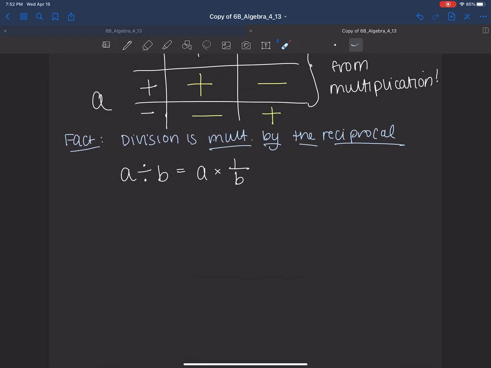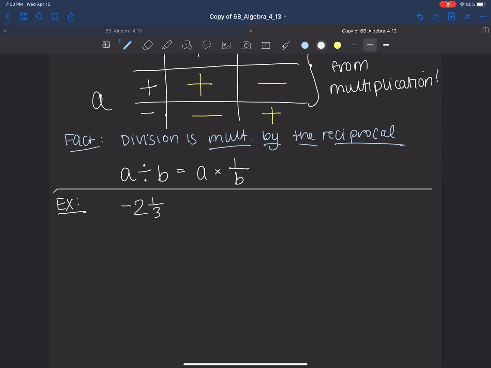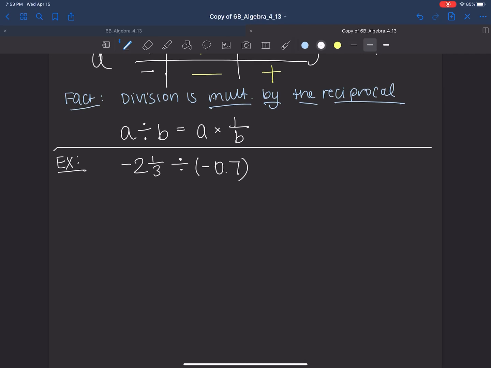So let's run through an example of this, just to lock it in. An example from the textbook. Let's look at -2 1/3 divided by -0.7. Okay. So the first thing I'm going to do is to actually write both of these as just normal fractions.